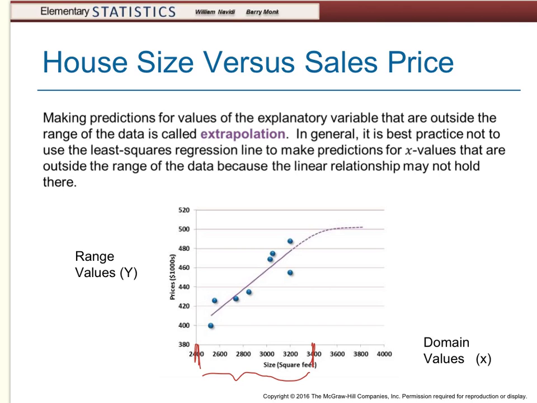Similarly, we were given the y values of the prices associated with those x, which are called the range values. So any ideas about a line that could actually happen beyond the domain of our x values is really invalid because that's what we call extrapolation.